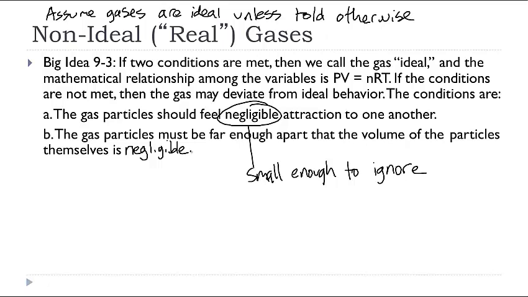All right, so the question is, what's the cutoff for being negligible? And the answer is there's not a hard and fast cutoff. Things behave ideally up to a certain point, and then they start to deviate from the ideal gas law. So when you do problem set 9, you'll see there's a question that asks you to reason about this. It shows temperature and pressure and how the behavior changes. And so you're right, it's a continuum.